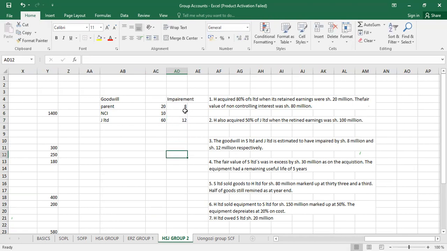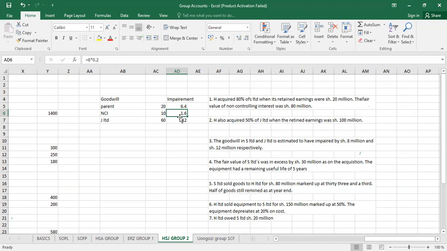So this one will be 8 times 0.2, the percentage of NCI, while this one will be 8 times 0.8. So of which it will come to 8.